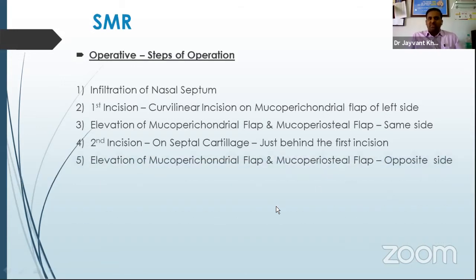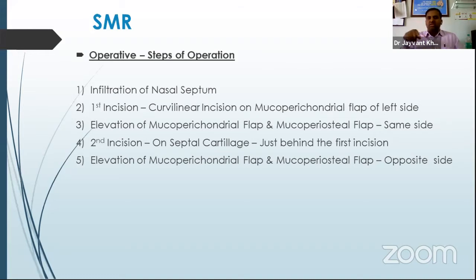Then same elevation of mucoperichondrial flap and mucoperiosteal flap on the opposite side. You can imagine the steps of operation. First, we infiltrate the nasal septum or surrounding structures. First incision is taken with surgical blade number 15 on the mucoperichondrial flap just behind the caudal end.